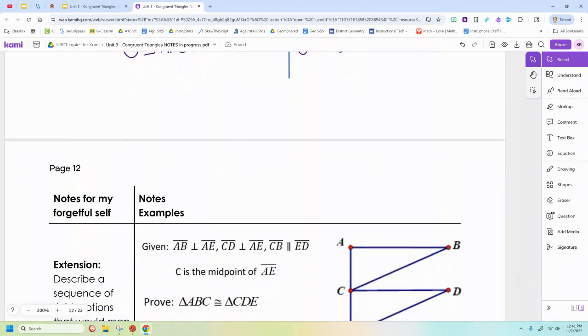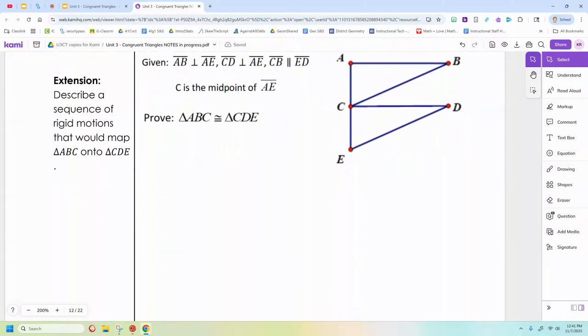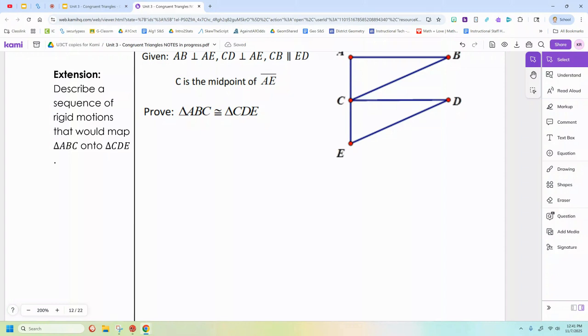You can either draw your statement reason table, or you could just start to read and label the picture and think.